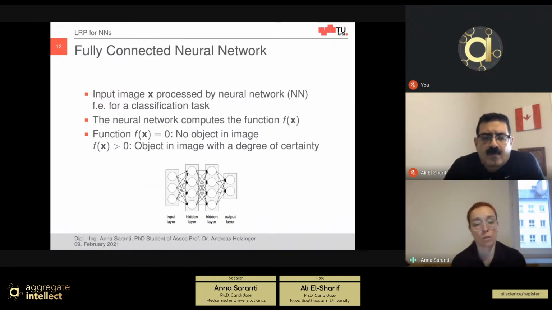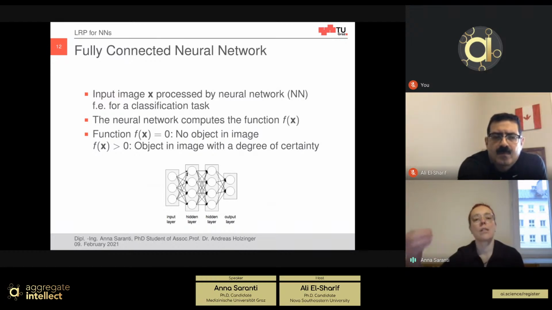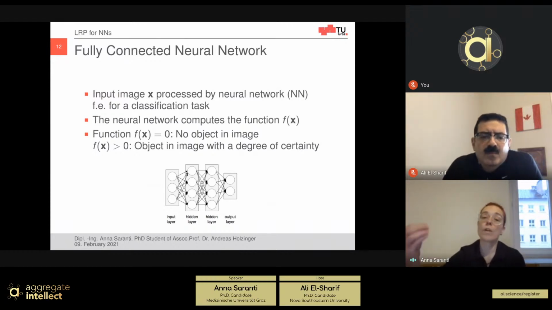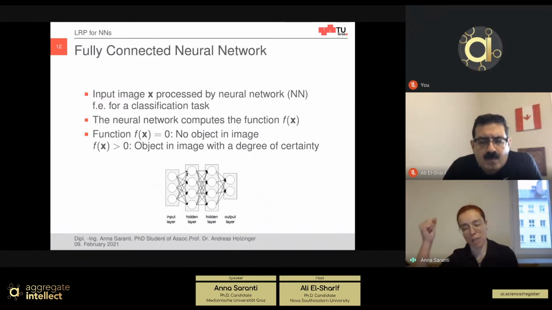Let's assume that, for our example purposes, what we want the neural network to compute is to output a 0 when there's no particular object in the image, or a value higher than 0 when an object is in the image, with some degree of certainty.